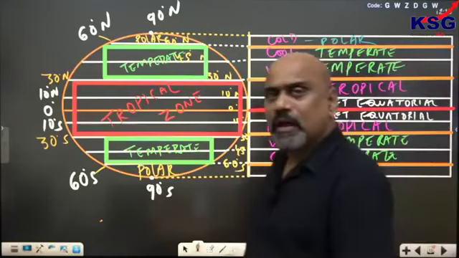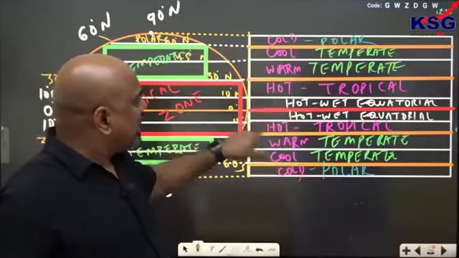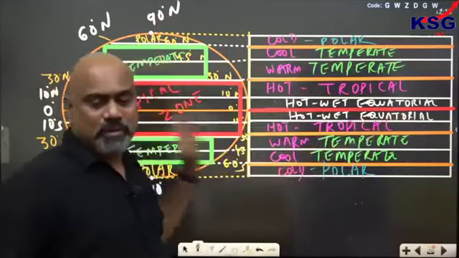Okay. Now for the major climatic and natural regions, मैं ये जो बॉक्स है इसका एक हिस्सा को लूंगा और मॉडल बनाऊंगा अभी.